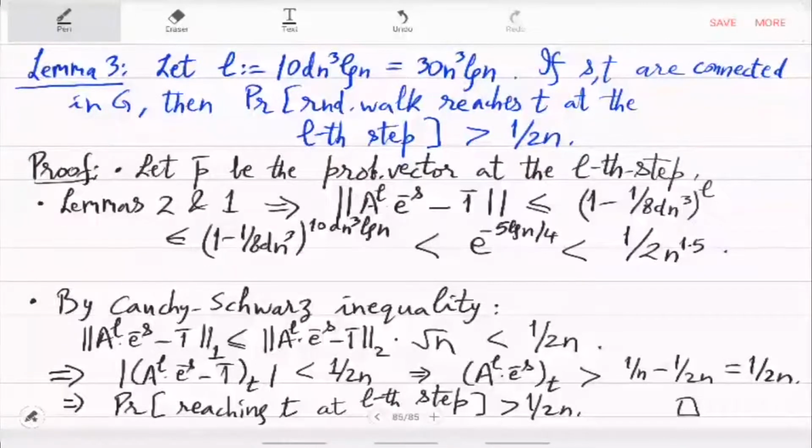So basically, if you take these L many steps in the random walk, then you are almost in a random place.